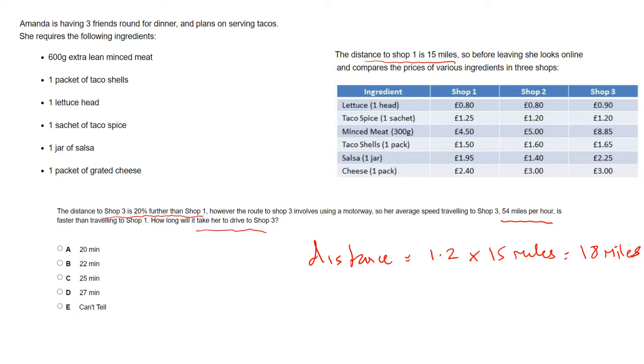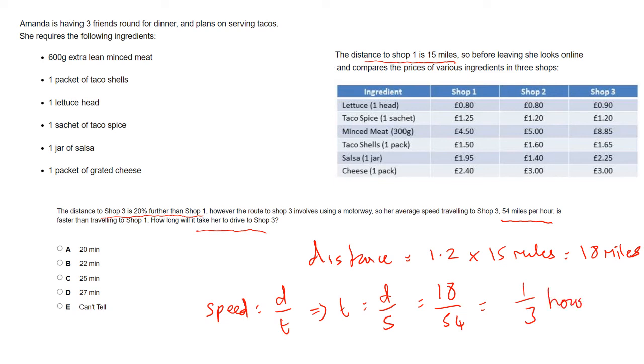So you can do this algebraically and say, right, speed is distance over time, which means that time is distance over speed, which is 18 over 54. That is 1/3 of an hour, which is 20 minutes. And that gives you your correct answer.